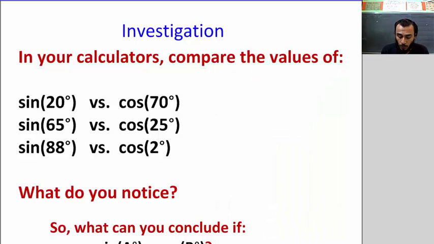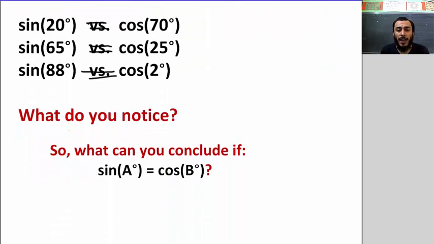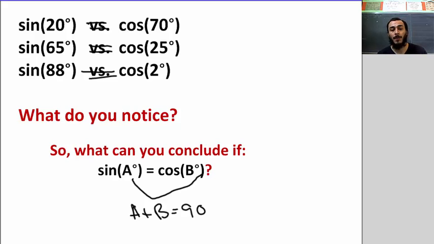Well, you should notice that these are all equal to each other, right? So that's an equal sign there. So what could we conclude then if we have the sine of A equals the cosine of B? What could we conclude about A and B? What did you notice about these angles here? You know what you should have noticed? They're complementary, right? A plus B equals 90.